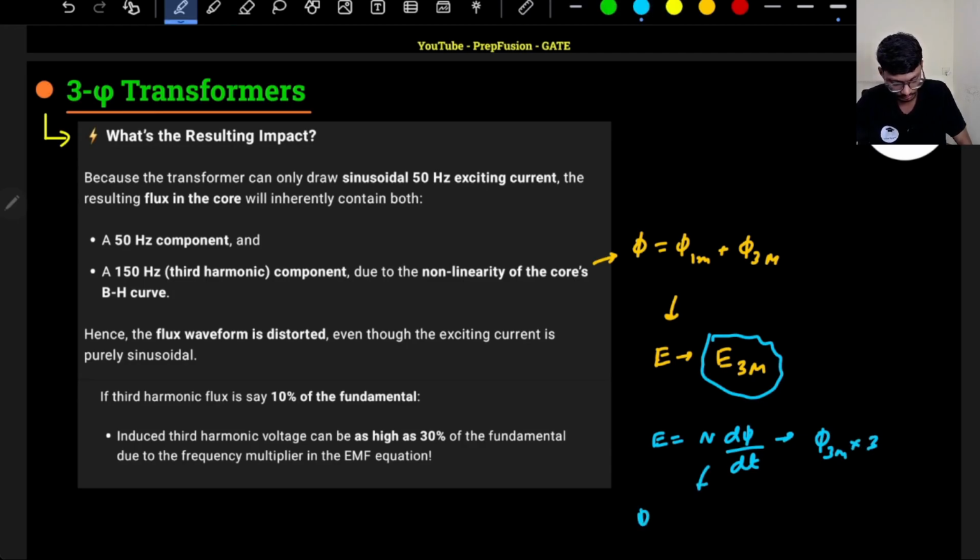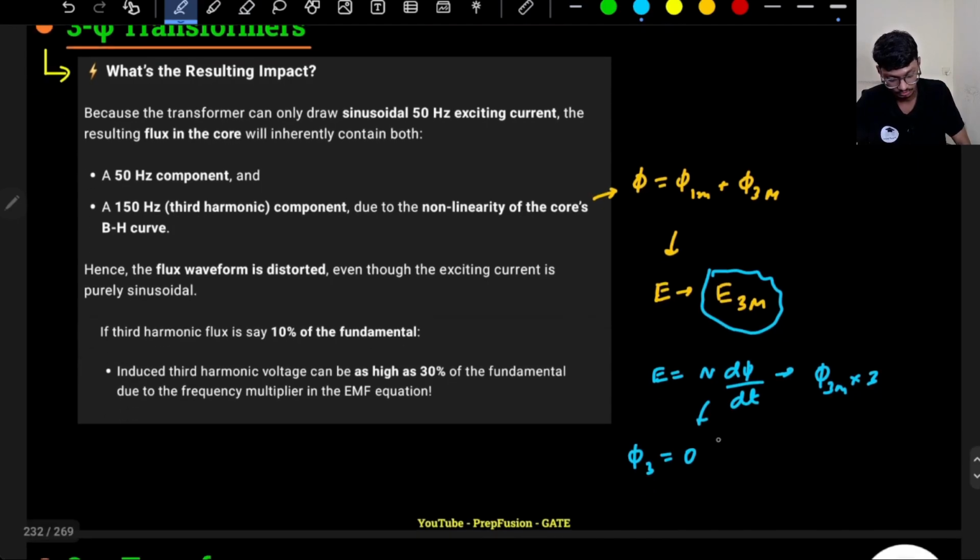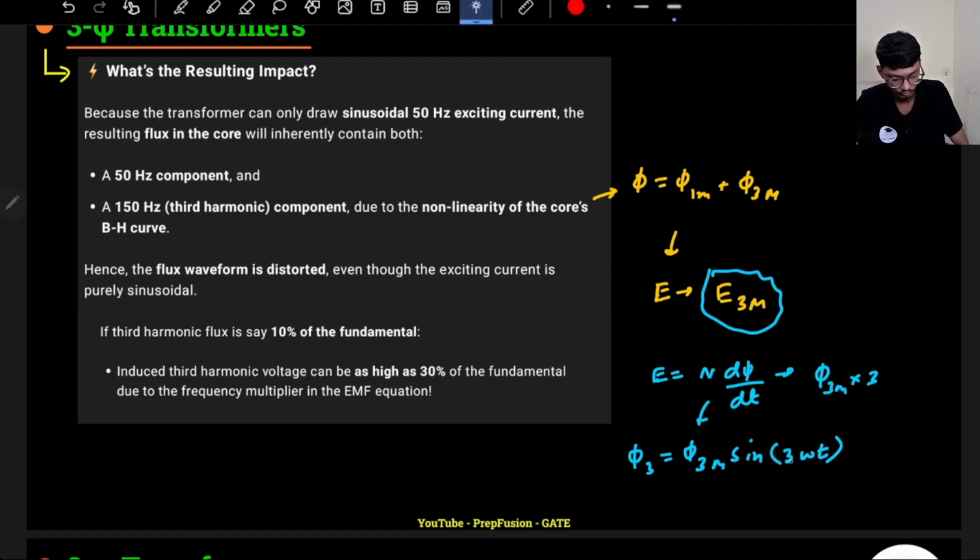Because the third harmonic component of flux, phi 3, equals phi 3m sine 3 omega t. If I differentiate it with respect to time, 3 omega comes to the front, so there will be a factor of 3. Due to that, the third harmonic component can be significant, 3 times that.